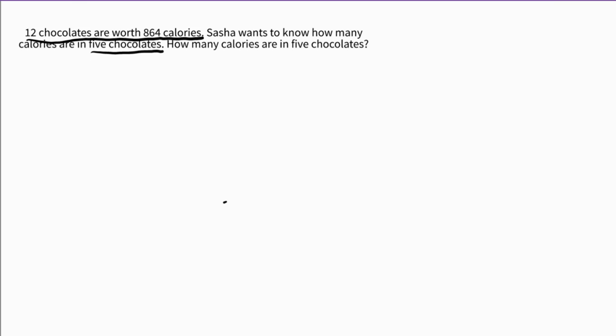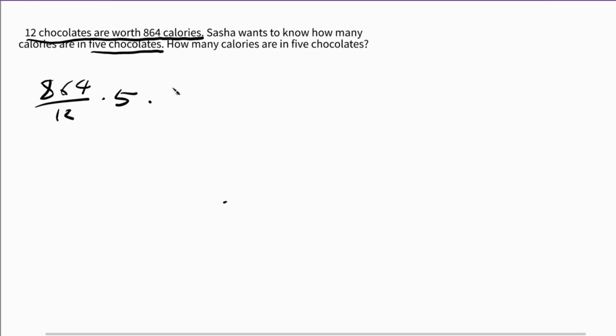First, because 12 is not a direct factor of 5, we unfortunately have to divide 864 by 12 to figure out how many calories are in a single chocolate, and then multiply that by 5 in order to figure out how many are in 5 chocolates.